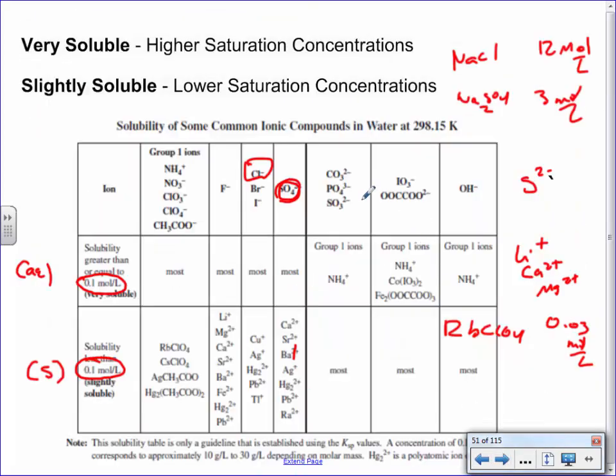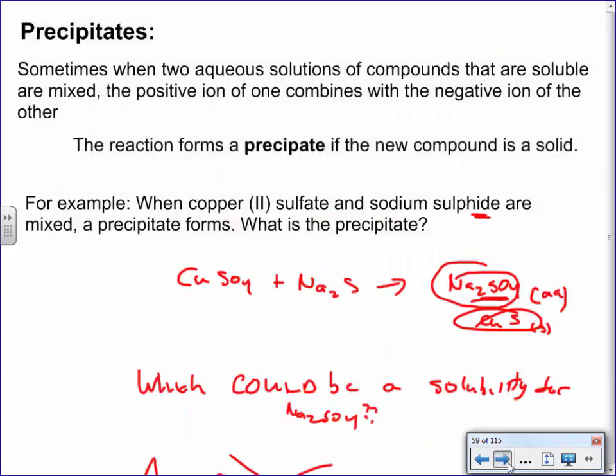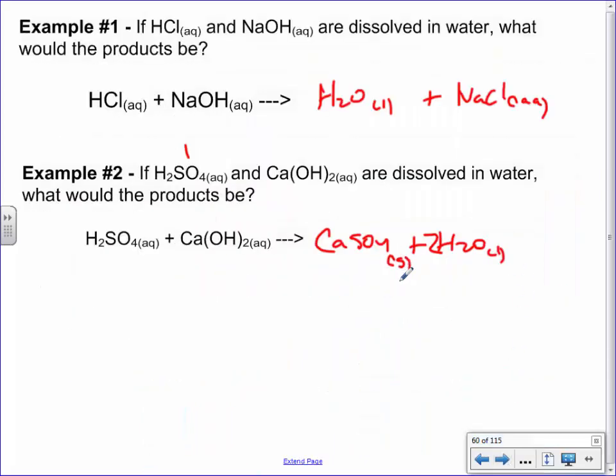Back here, sulfate is here, and calcium is one of the ions that has a low capacity threshold. So I don't know what its capacity is, but it's definitely lower than 0.1. So sorry, I'm skipping around so much here. That means that this guy right here is the solid. It is the precipitate. Sound good?